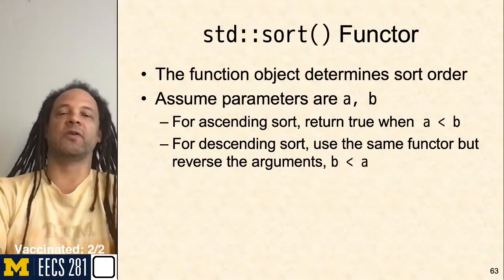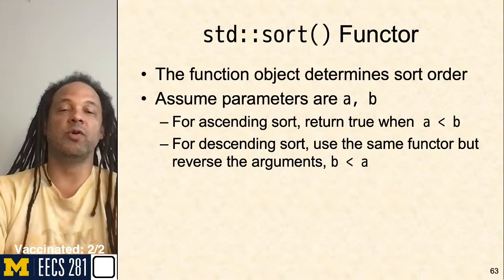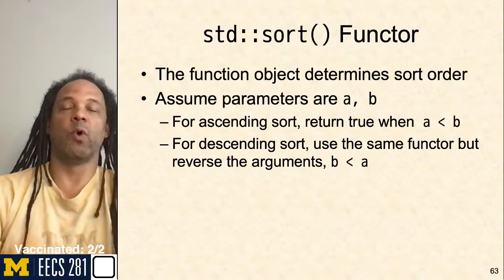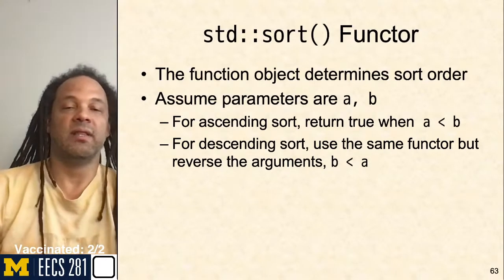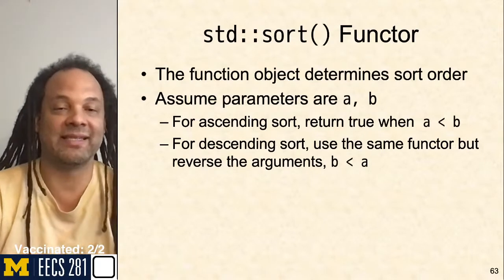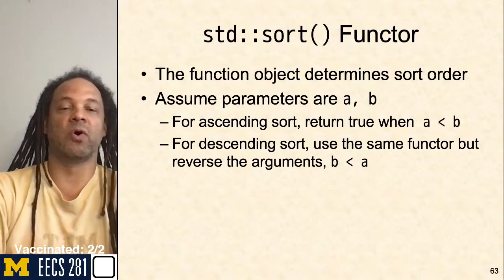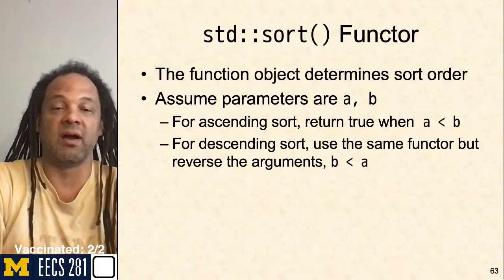The standard sort functor is the one that's used to determine the sort order. So you can assume two parameters, A and B. If you want an ascending sort, you have to return true when A should come before B, when A is less than B. For a descending sort, you can use the same functor, but you can also reverse the arguments.